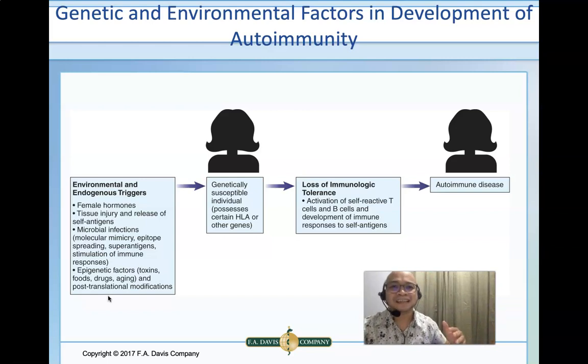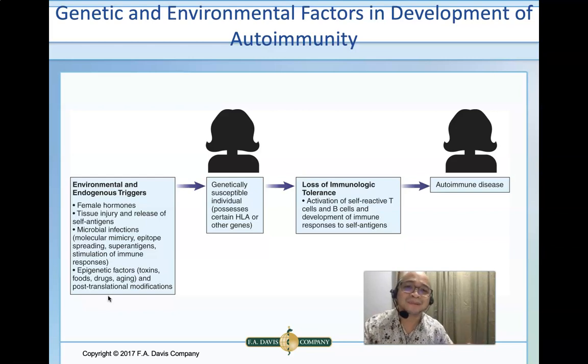Okay. However, later in life, some of us may undergo injury or may experience inflammation or tissue trauma. So, if we experience such a thing, those cryptic antigens will eventually be exposed.